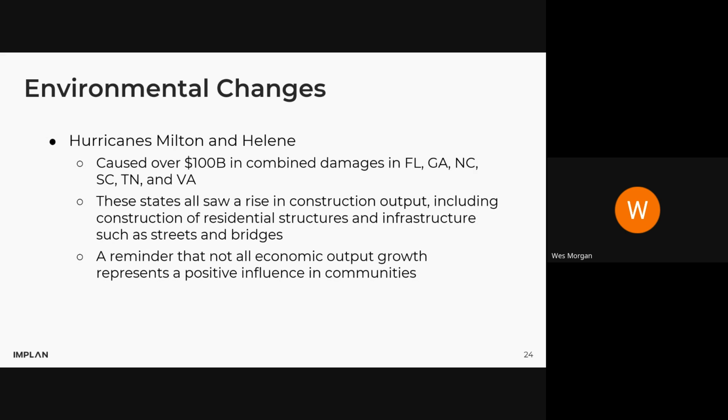Consequently, each of these states saw a rise in construction output, specifically including construction of residential structures and construction for infrastructure, industries like construction of highways and bridges. This is all output generated by the need to rebuild, or at least some of it is certainly generated by the need to rebuild and repair damages that were caused. Not to mention the impact that this will likely have in the future for insurance industries in hard-hit areas.